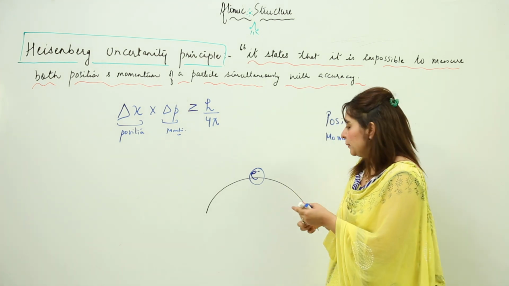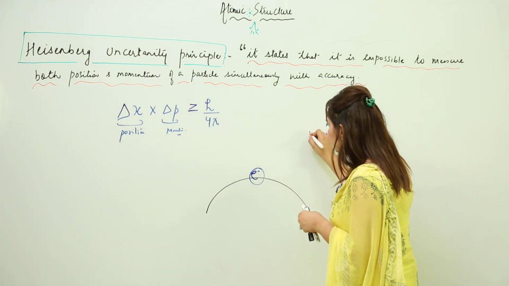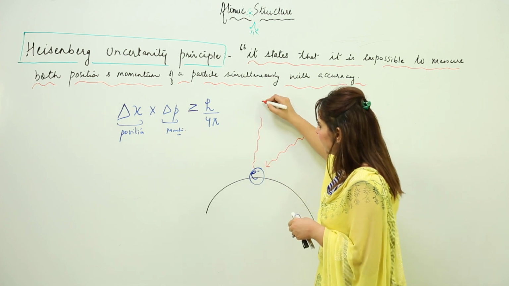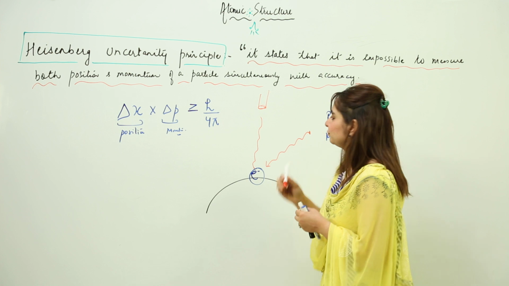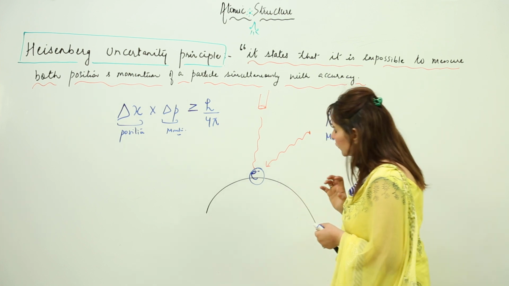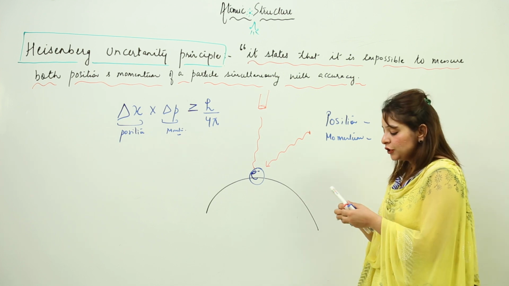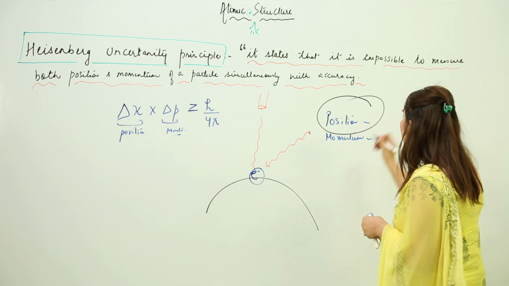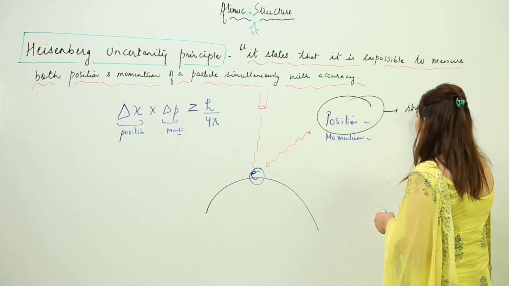This is the incident light, this is the reflected light, and this is my microscope with which I examine the reflected light. To know the position accurately, the pinpoint position, we need to use light of shorter wavelength.